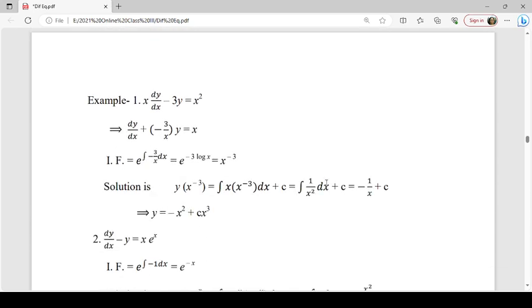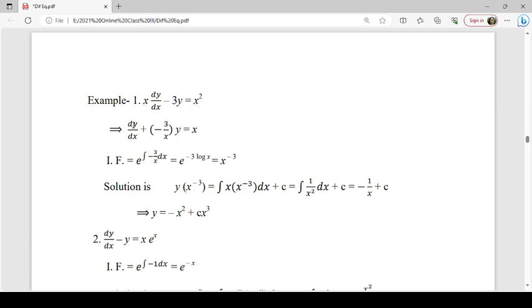So let us see some examples. x dy/dx minus 3y is equal to x square. So if we write dy/dx, we are dividing by x, then we get dy/dx plus the coefficient of y, minus 3, divided by x, times y is equal to, on the right hand side, we divide by x, so x square by x is x.